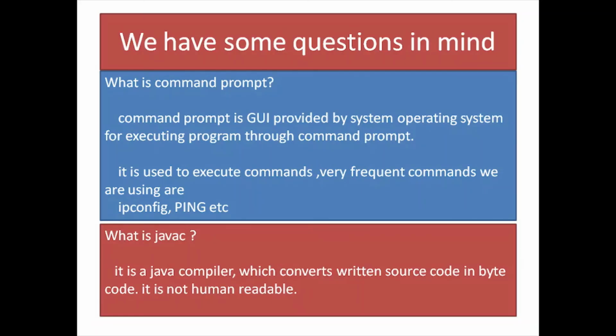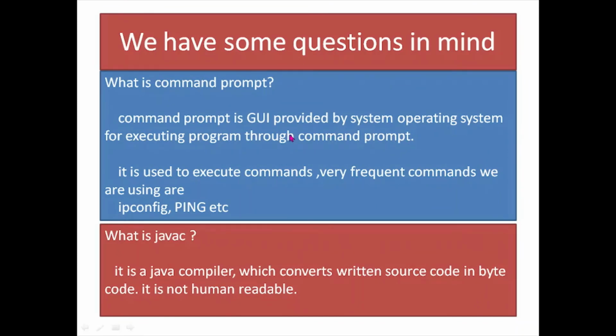So friends, while doing all this exercise, some questions might be there in your mind. What is the command prompt? How are we doing so, and why are we doing so? So the command prompt is a simple interface provided by the operating system for executing programs.